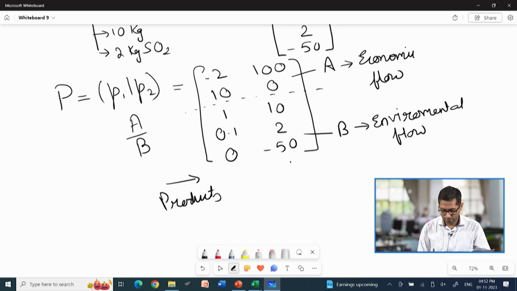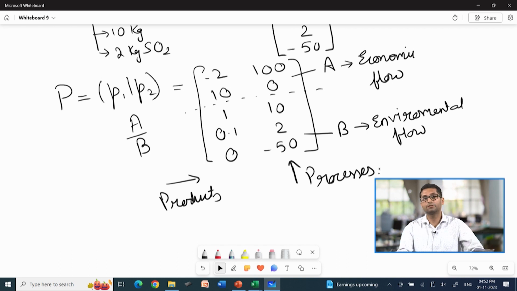And when I am talking about the columns, this basically pertains to the different processes. So in this we have two unit processes. In the first process we would have the fuel being consumed, leading to the production of electricity, and in the second process we would have the crude fuel going in, leading to the production of refined fuel. So this is with respect to the input.